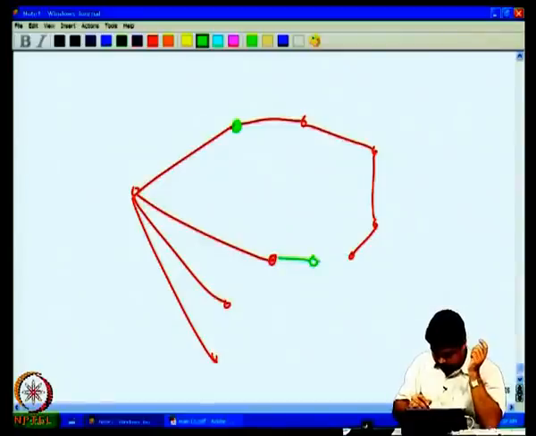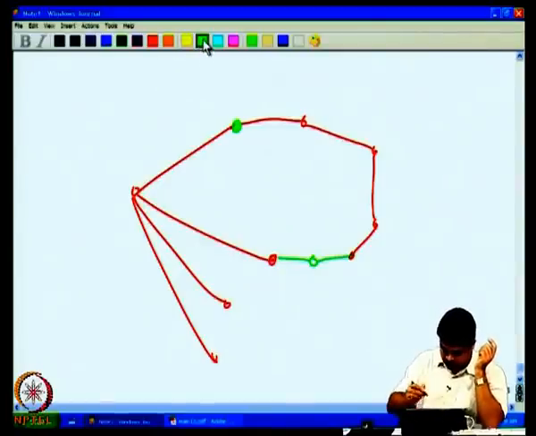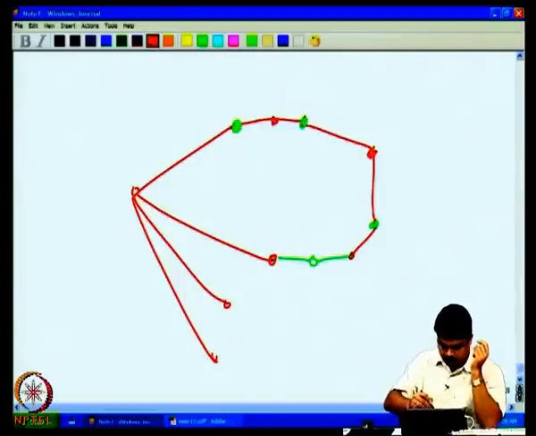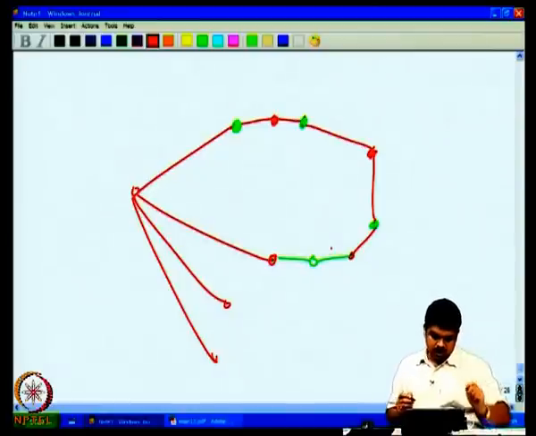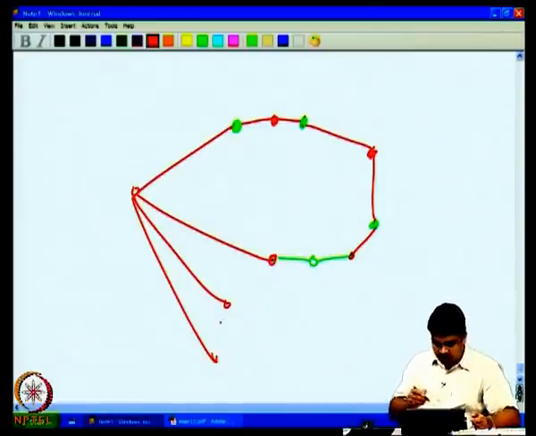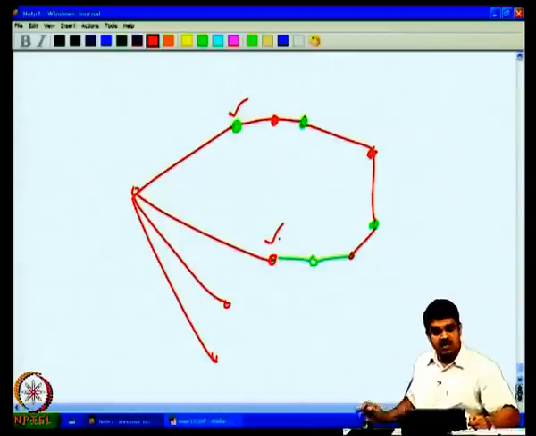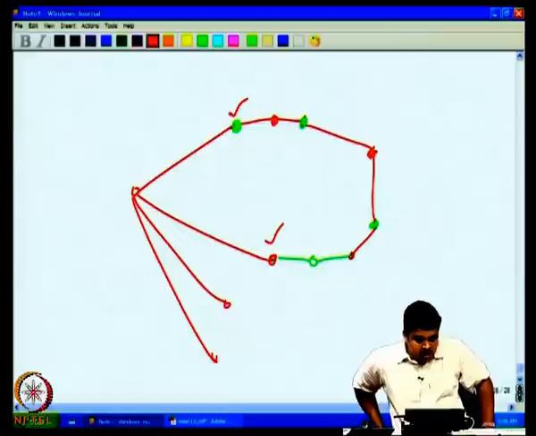So this will be like this, in fact. This will be green, this will be red, and this will be green. So it will be rather a path. And this will be red, like this, right? Whatever arguments we did for red neighbor and green neighbor can be repeated for any two colors.